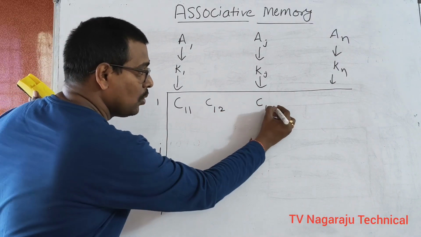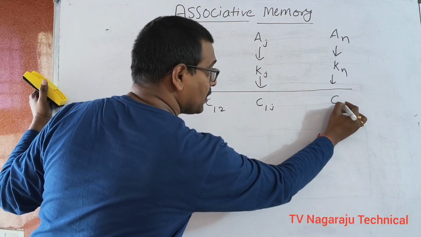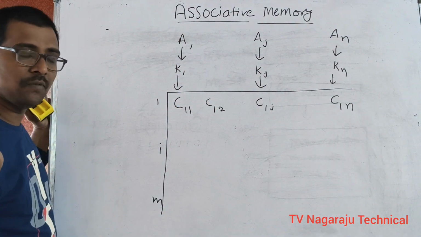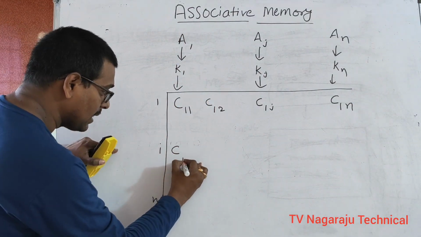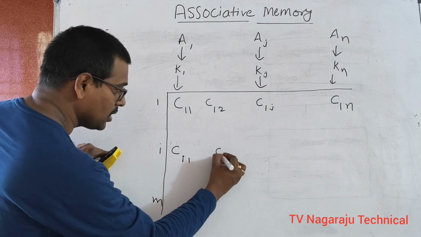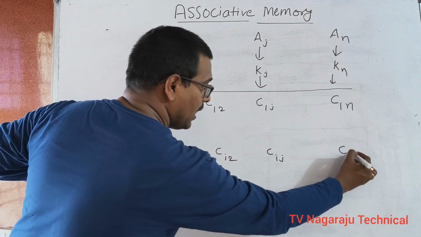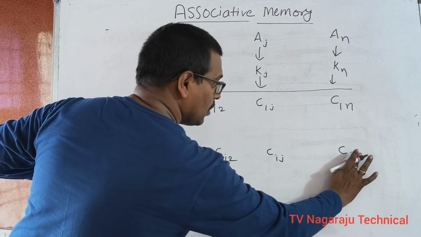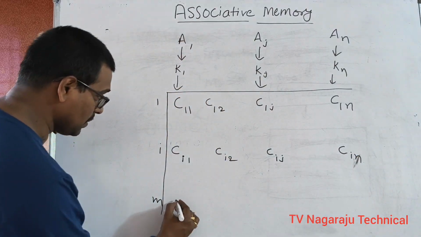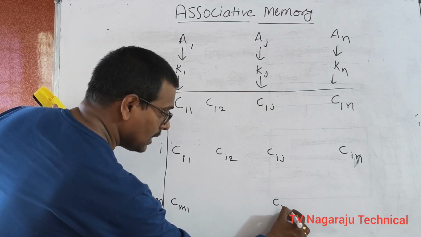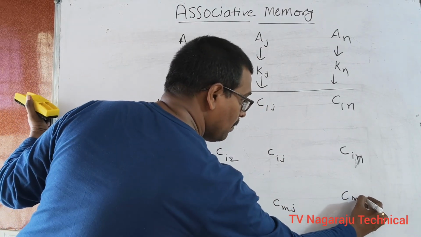Similarly, the first word, jth bit, C1j, and the first word, nth bit, C1n. You got it? So one row represents the first word. Similarly, the ith word, first bit, ith word, second bit, ith word, jth bit, and the ith word, nth bit. Similarly, the mth word, first bit, Cmj, Cmn.